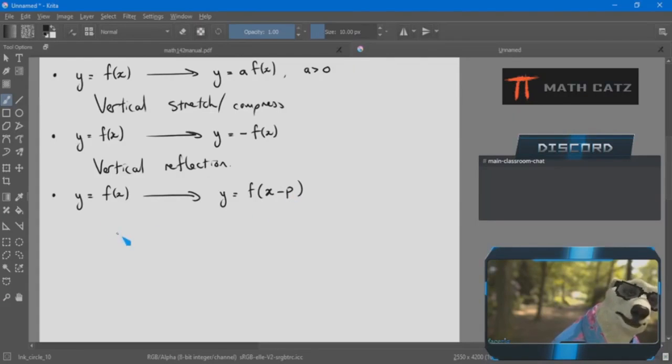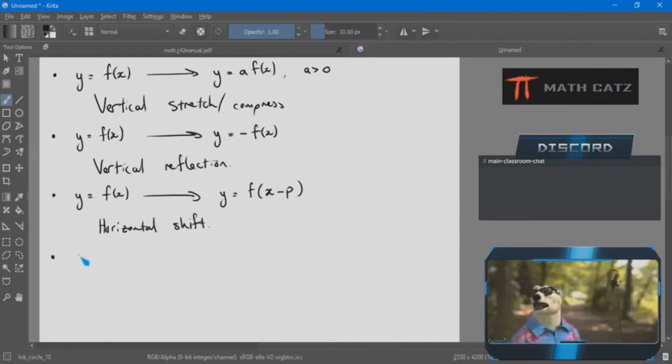And whenever I do a replacement transformation on the function, the graph effect is going to be horizontal. In this case, I'll call it a horizontal shift. Fancy word is translation. Doesn't matter. It's moving horizontally. The shape is the same. We're just shifting it horizontally.